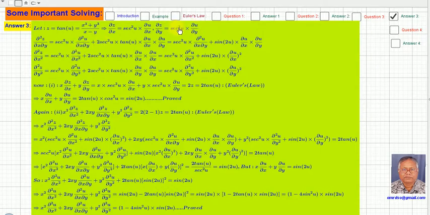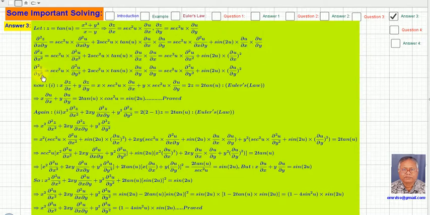So differentiate this expression with respect to x, you will get sec square u del square u del x del y plus 2 sec square u tan u del u del x del u del y is equal to sec square u del square u del x del y plus sin 2u. 2 sec square u tan u gives sin 2u del u del x into del u del y. Similarly, del square z del x square gives you sec square u del square u del x square plus sin 2u (del u del x) whole square.